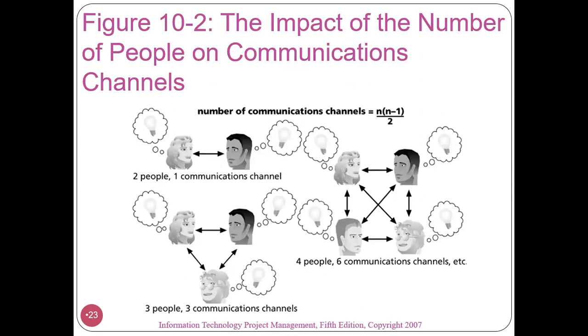So that is the impact of the number of people on communication. As you can see here, information distribution involves more than creating and sending status reports or holding periodic meetings. Many good project managers know their personal strengths and weaknesses in this area and surround themselves with people who complement their skills.